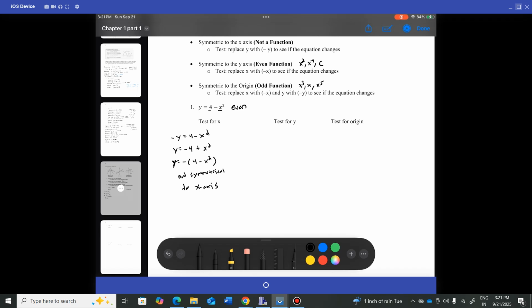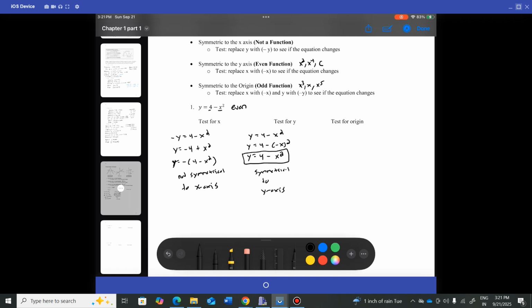Okay. Test for y. So replace x with negative x. When I square it, I get the exact same function out. Okay, this is symmetrical to the y-axis.